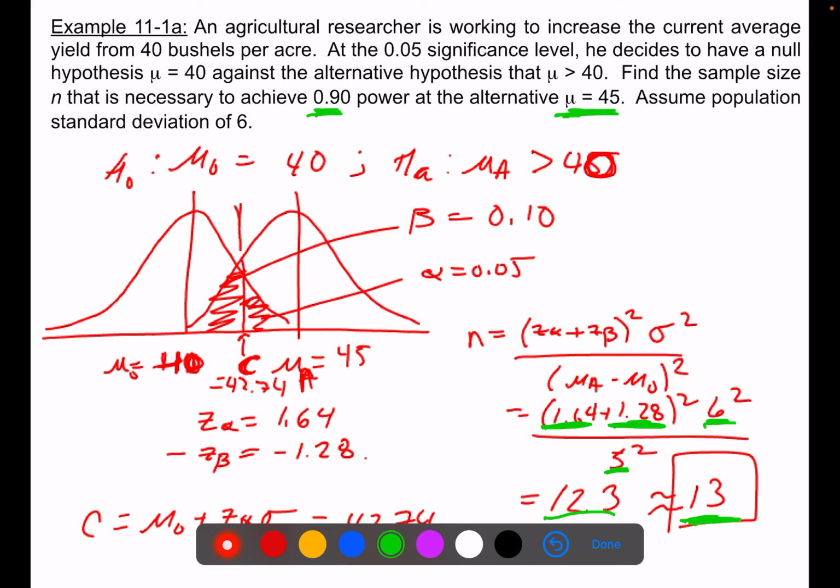So the final answer, instead of 13, would be n equal to 13 times 5 to the power 2, 25. So for mu more than 41, we need a much, much larger sample size, right? So n should be around 300 if the alternative hypothesis says mu is more than 41. So the power of the test depends a lot on how different the null hypothesis is from the alternative hypothesis. Okay.